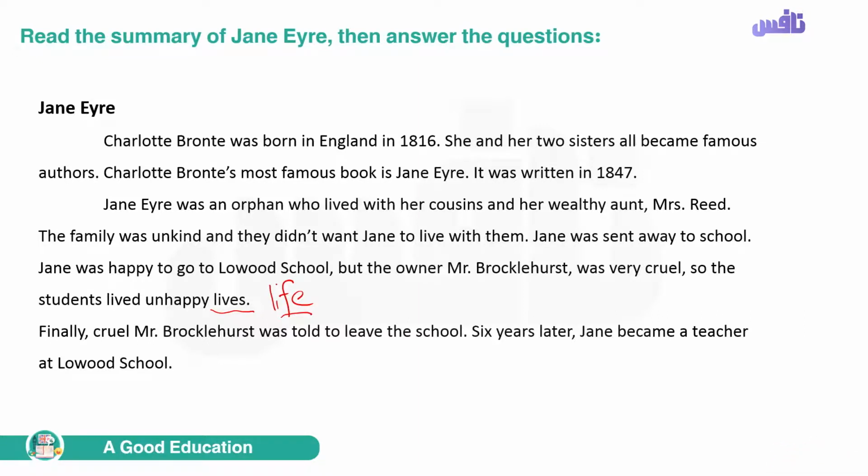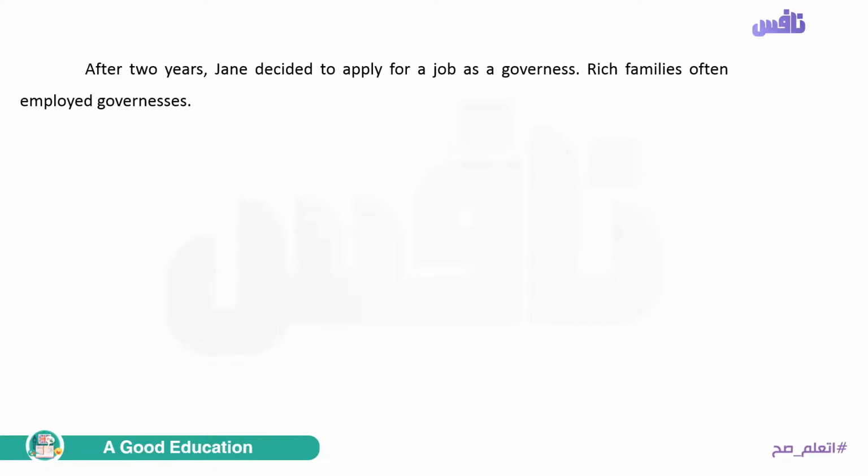6 years later, Jane became a teacher at Lowood School. After 2 years, Jane decided to apply for a job. Apply for means يتقدم لوظيفة. Apply for a job as a governess كمربية أطفال. طبعا you know the difference between as and like.